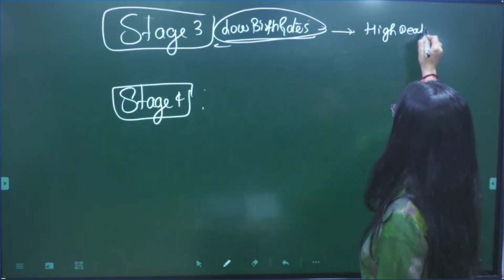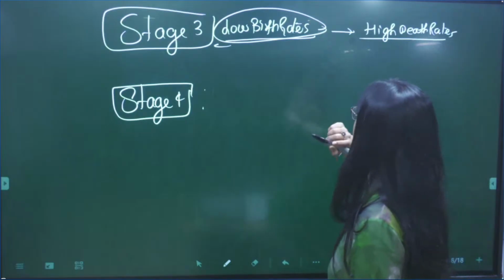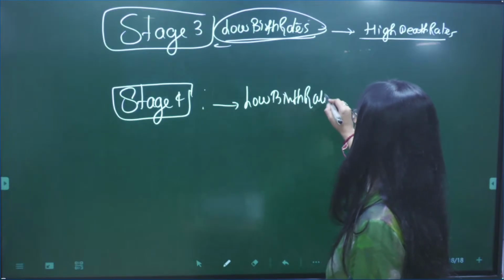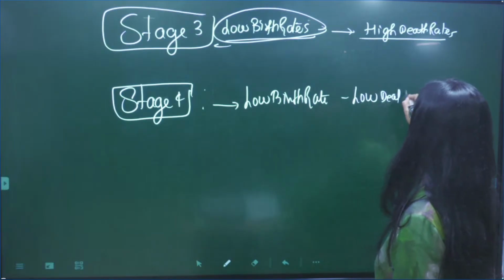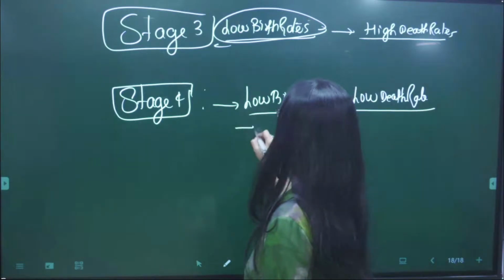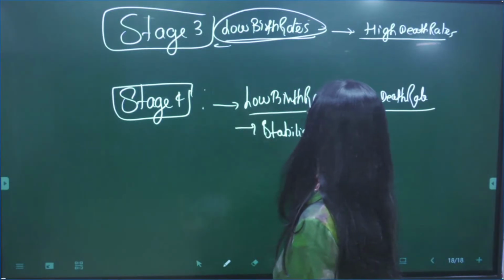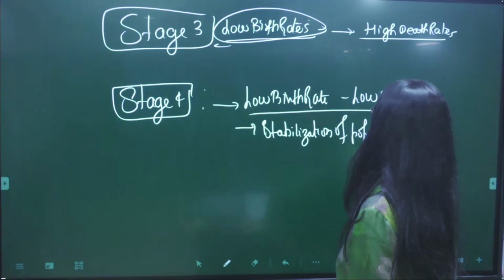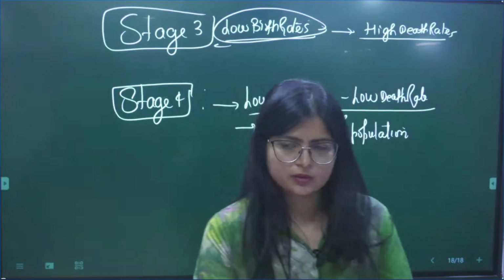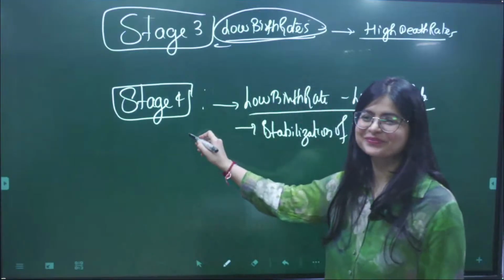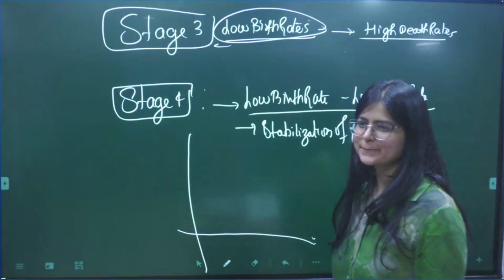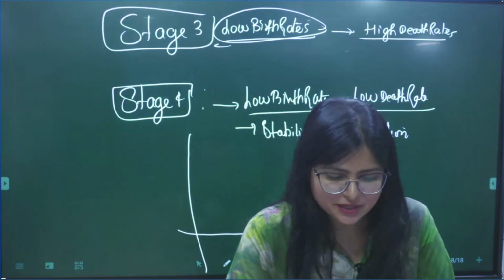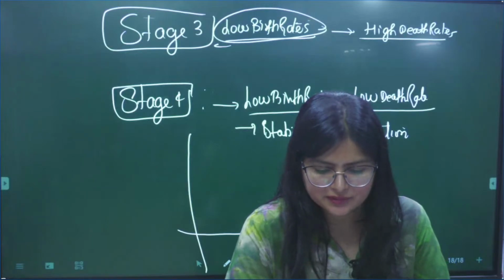The death rates are also not that high, but comparatively higher than the birth rates. So there will be stabilization of the population, the opposite of stage 1.